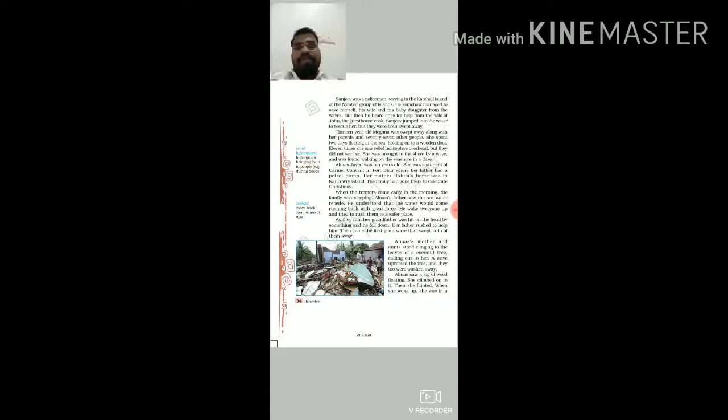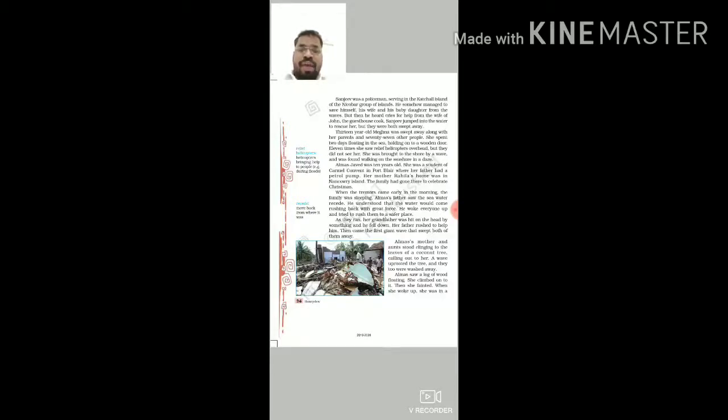Guys, that is an accident. Alma's father wanted to save her grandfather, but unfortunately, while he went to help him, the destructive waves came and swallowed them, and both of them were swept away. Alma's mother and aunt stood clinging to the leaves of a coconut tree.